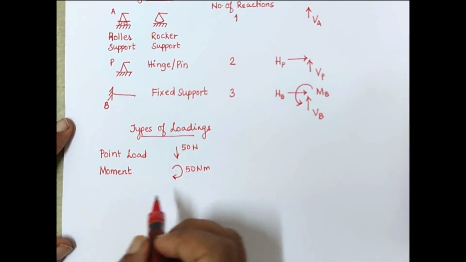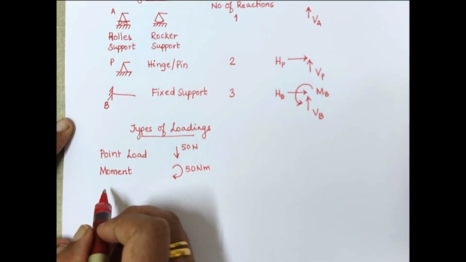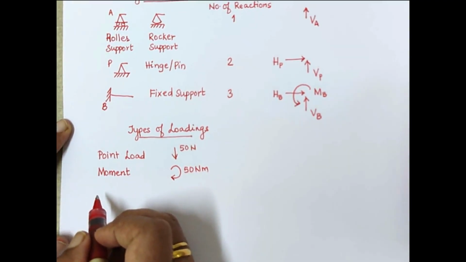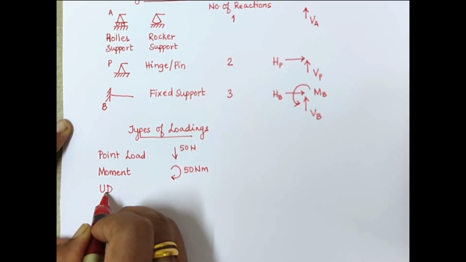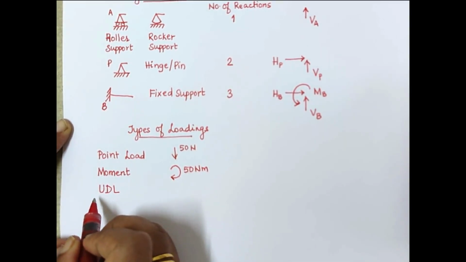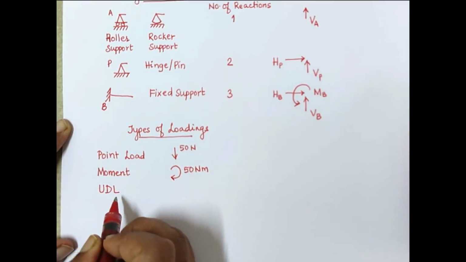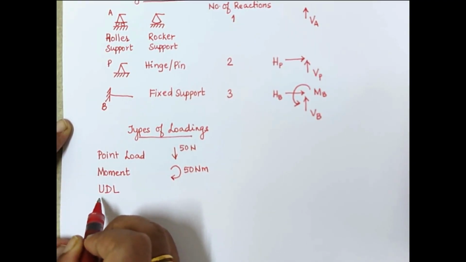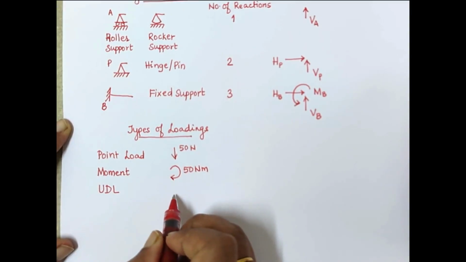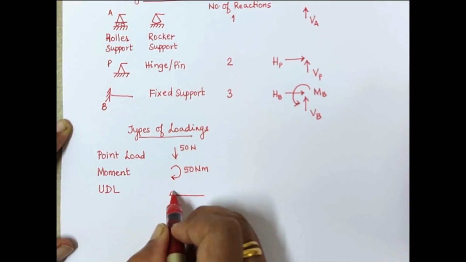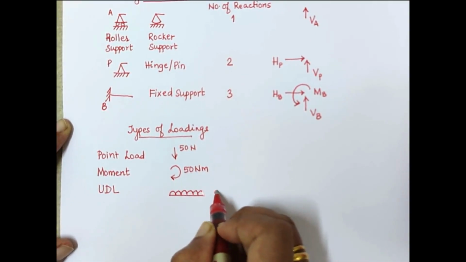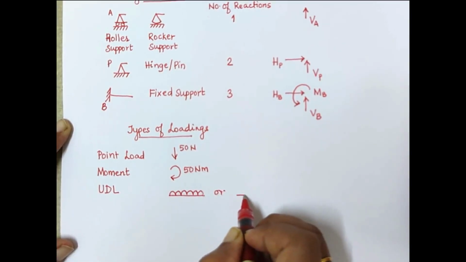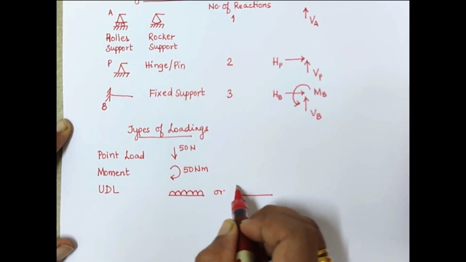The third type of loading that we will find in our different questions is known as a UDL, uniformly distributed load. Now, this particular type of loading can be drawn either this way or it can be drawn this way.